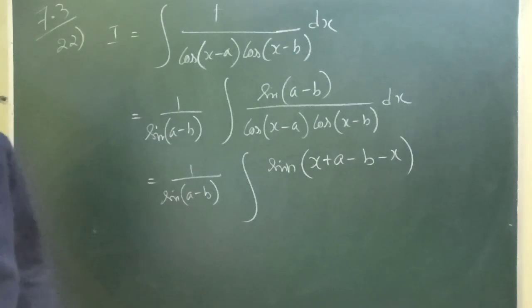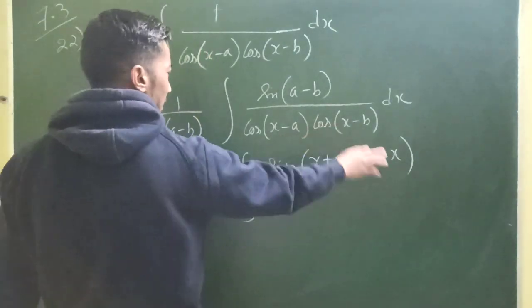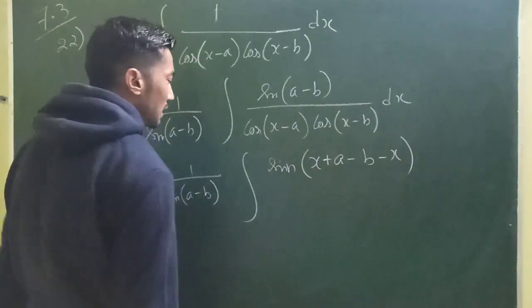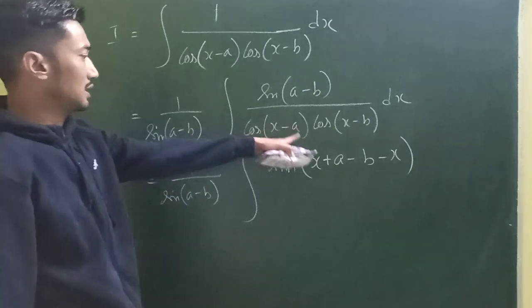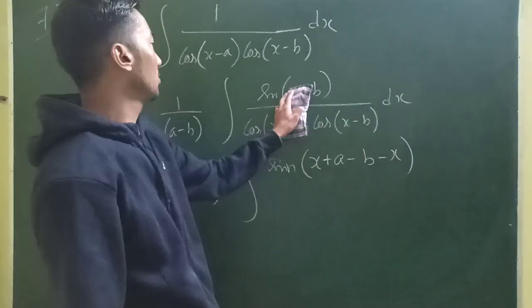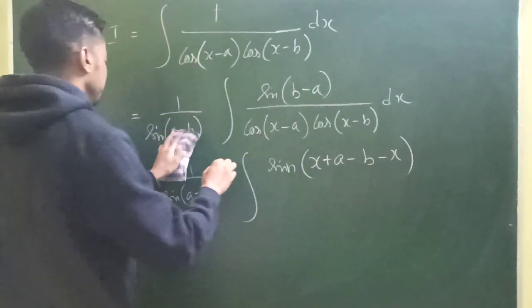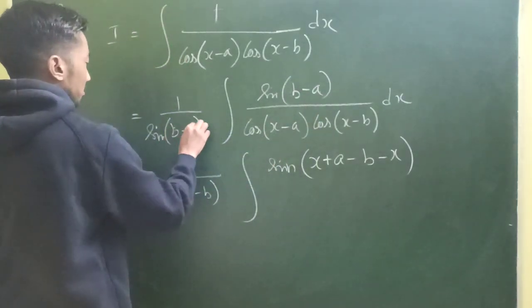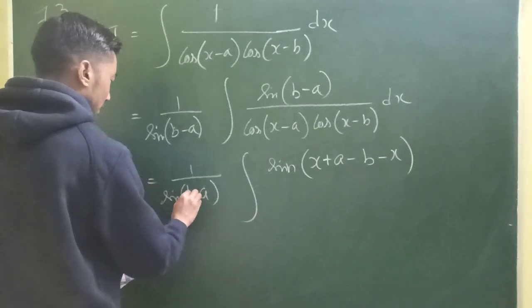In that case, of course, a small problem: minus a minus b plus a. Instead of that, I will multiply by b minus a. B minus a, I guess that would be better for us.